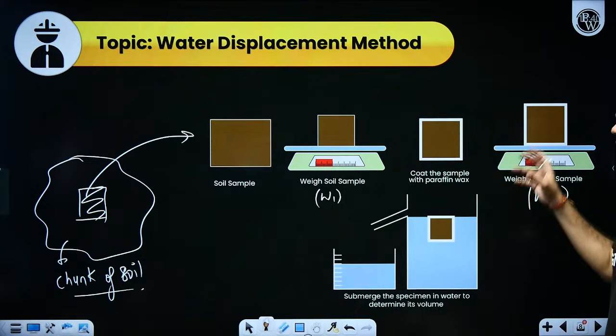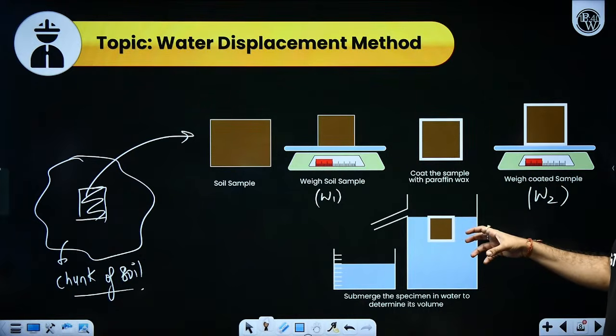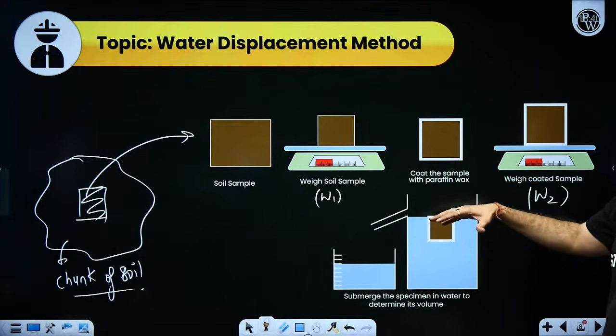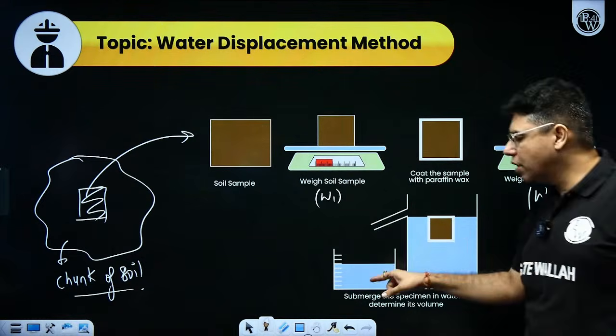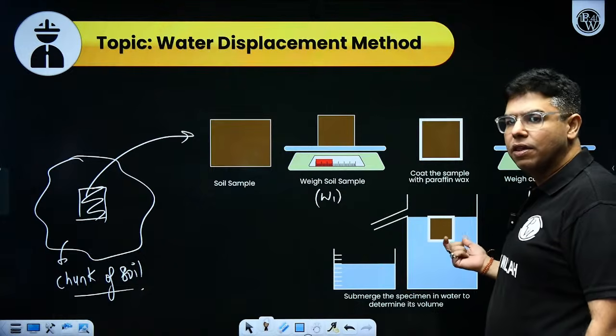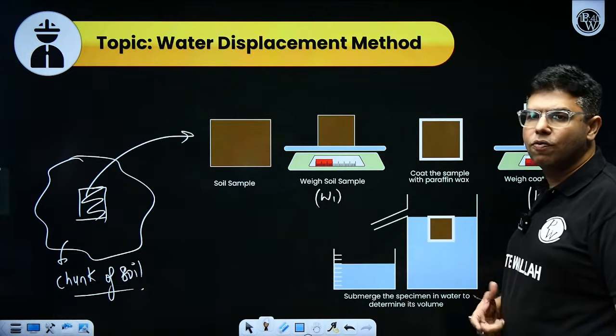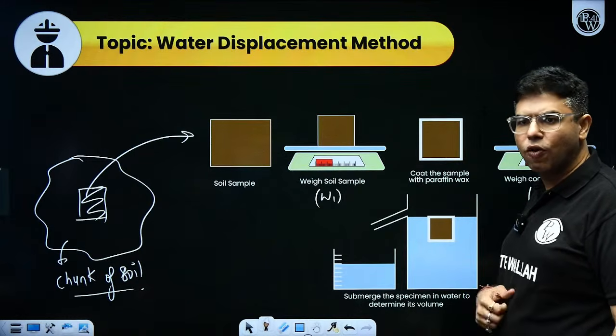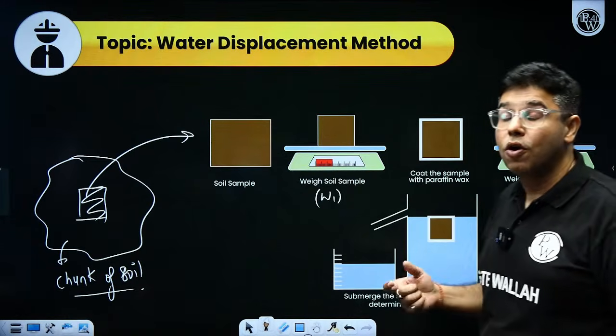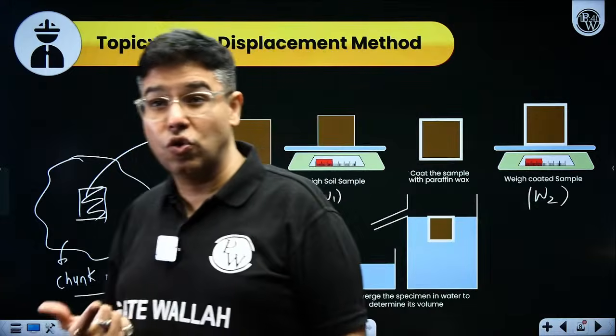Now take this paraffin wax coated sample, put it inside a beaker filled with water and measure the volume of water displaced by this coated sample. Let me call V2 the volume of water displaced. Volume of water displaced will be nothing but the volume of this coated soil sample.